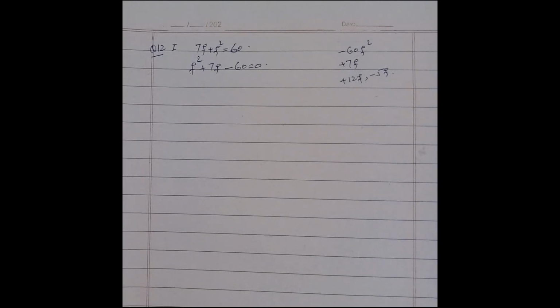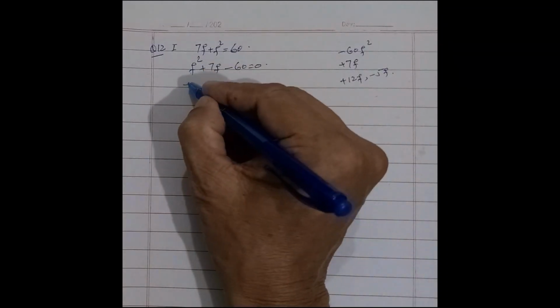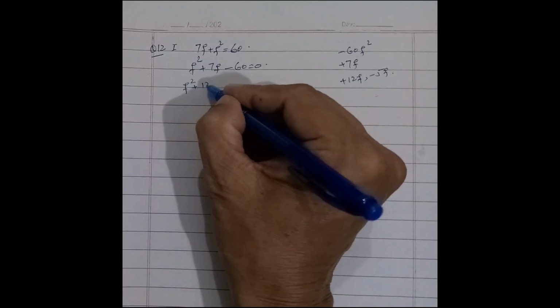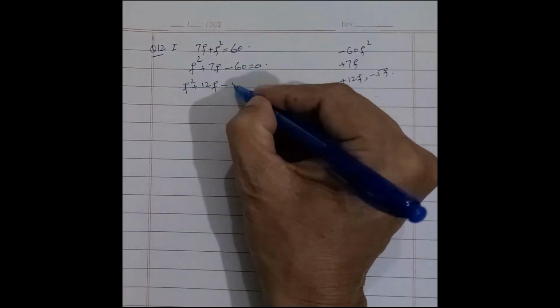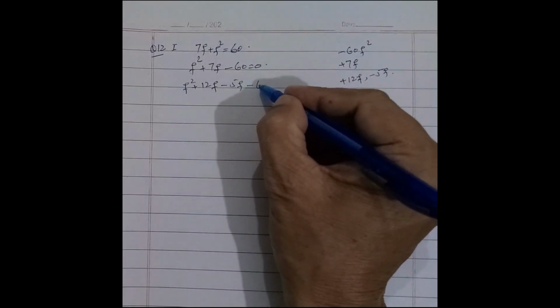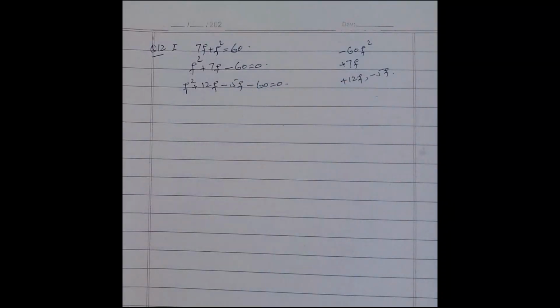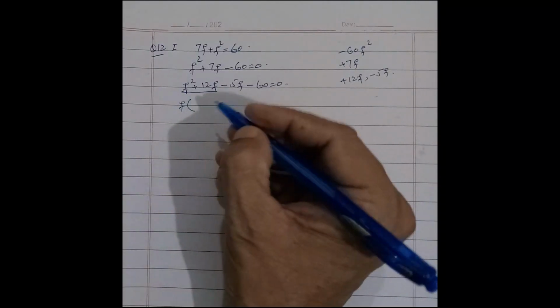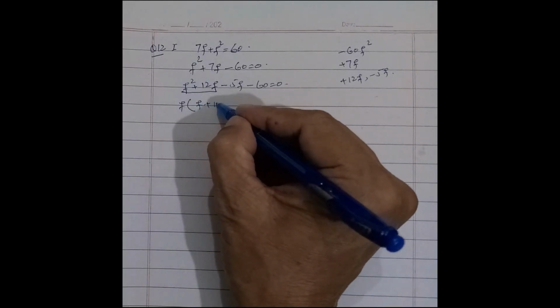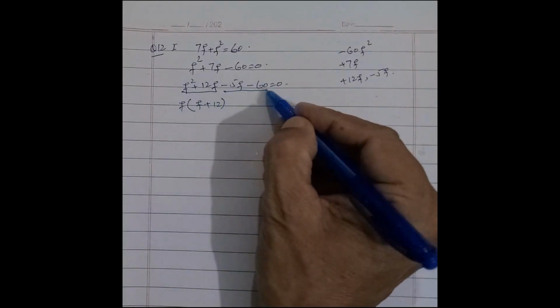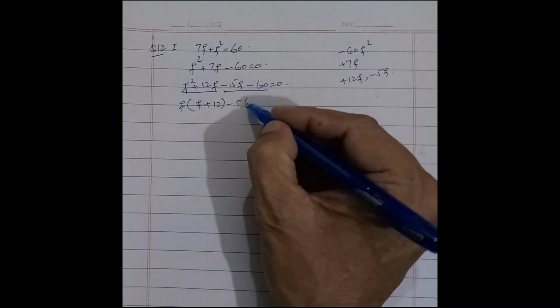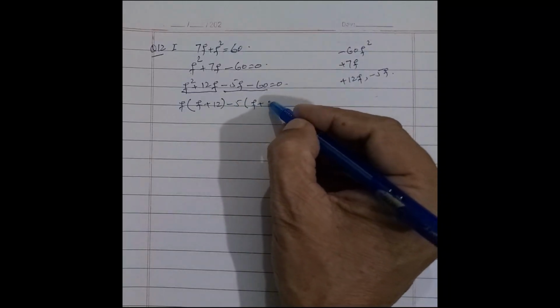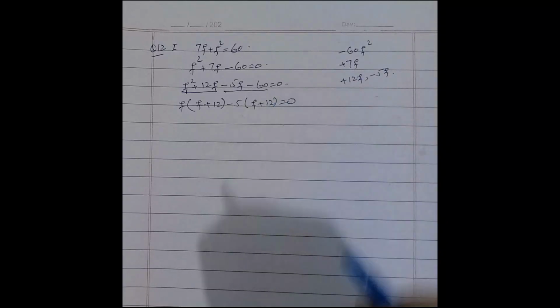These are the two values which replace the plus 7f. Now we solve it. f square plus 12f minus 5f minus 60 is equal to 0. Take common f and the remaining value is f plus 12, and take common minus 5, the remaining value is f plus 12 is equal to 0.